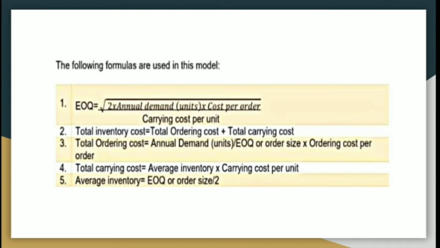Third, total ordering cost equals annual demand or units divided by EOQ multiplied by ordering cost per order. And then fourth formula is total carrying cost equals average inventory multiplied by carrying cost per unit. And the last one is in finding the average inventory, which is equal to EOQ divided by 2.